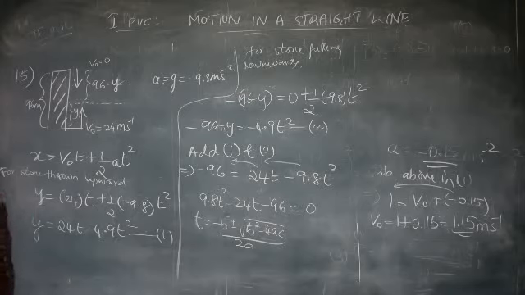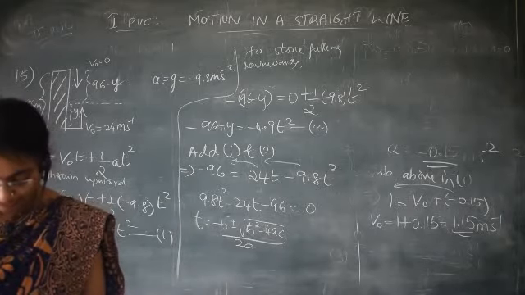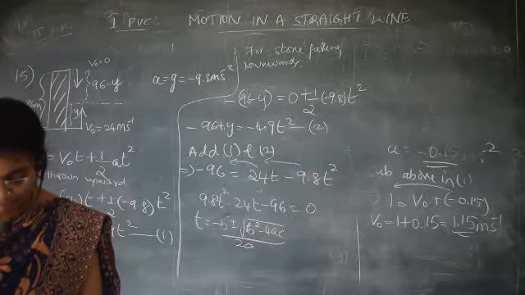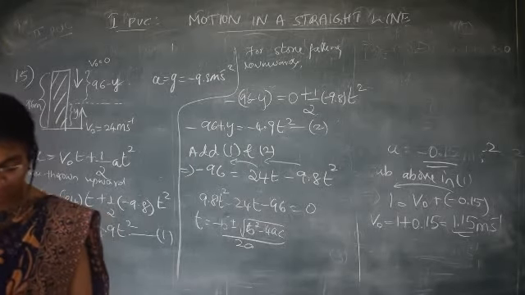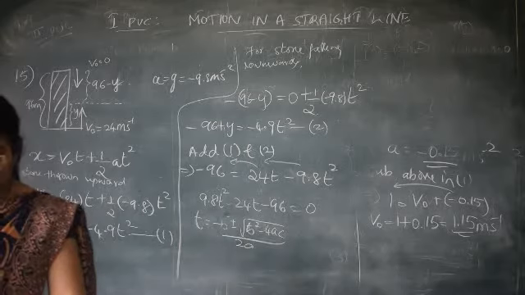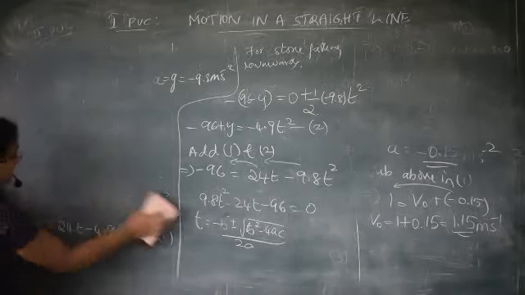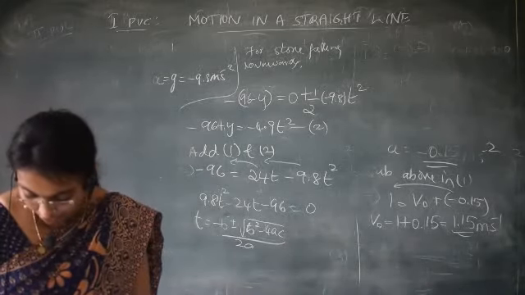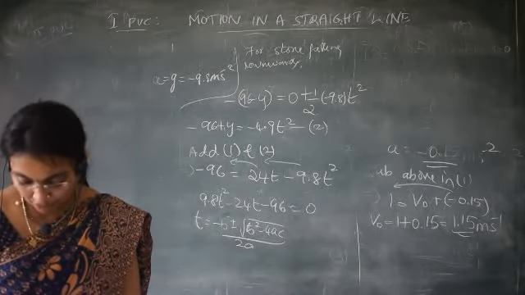Next question. A person throws a ball into the air vertically upwards at regular intervals of time of 1 second. The next ball is thrown when the velocity of the ball thrown earlier becomes 0. To what height does the ball rise?